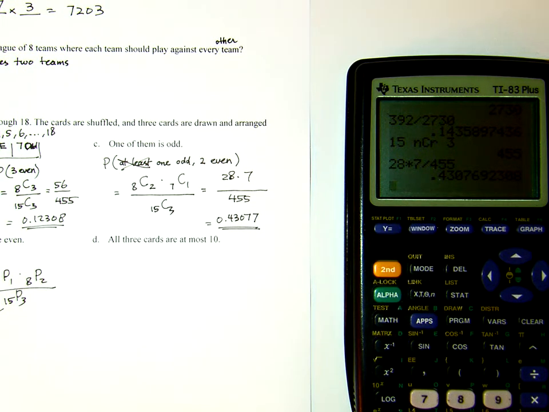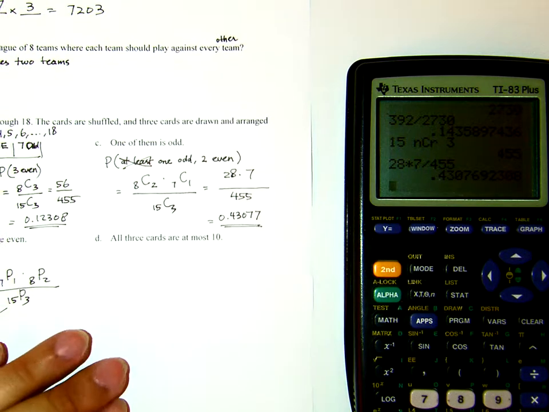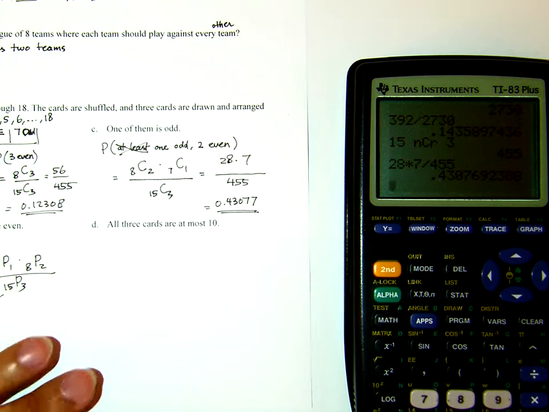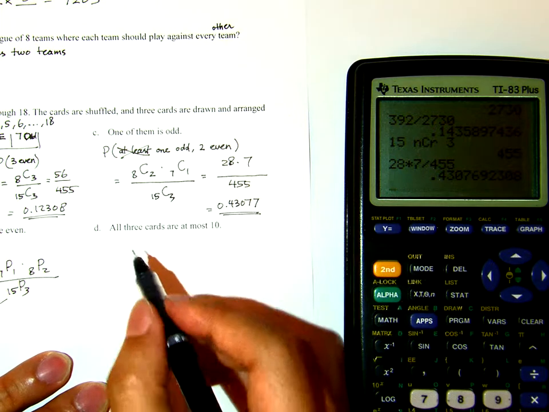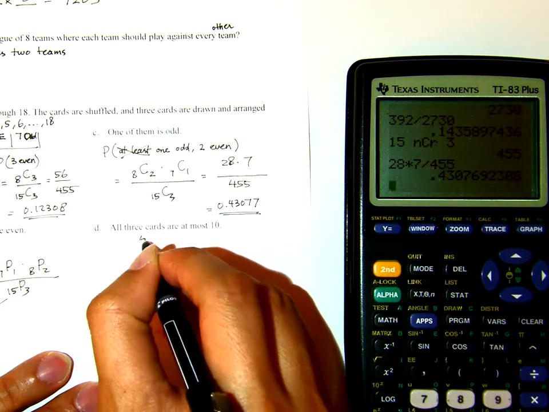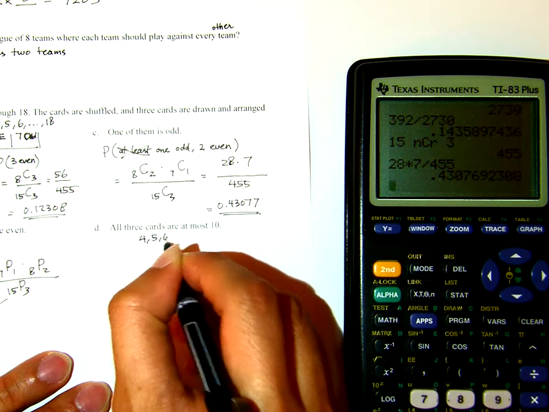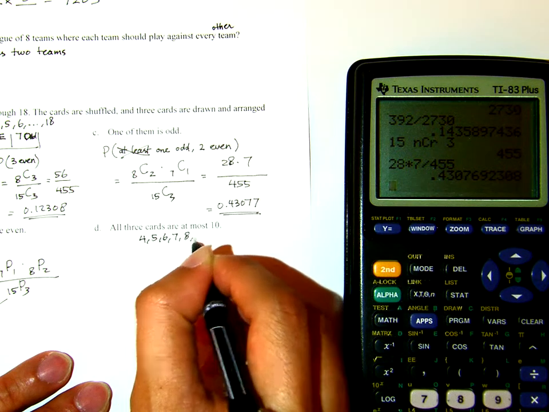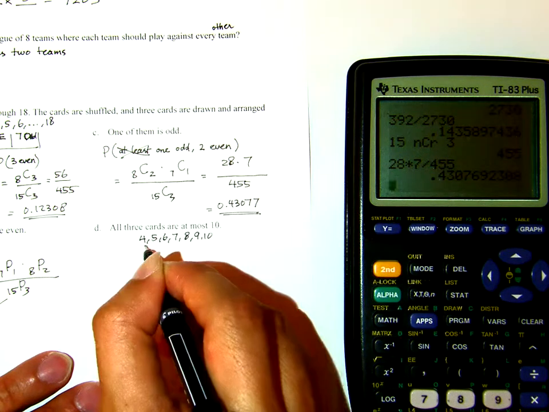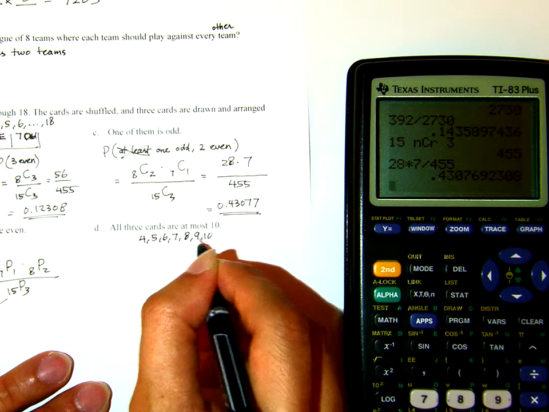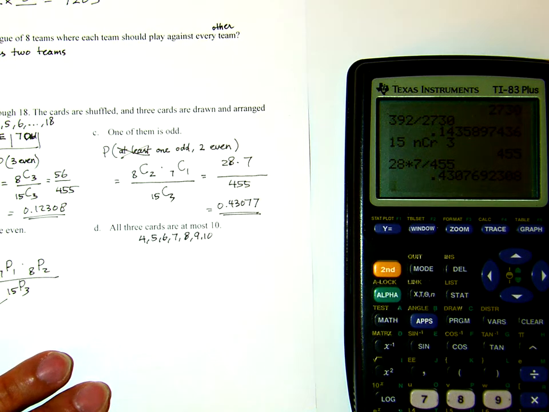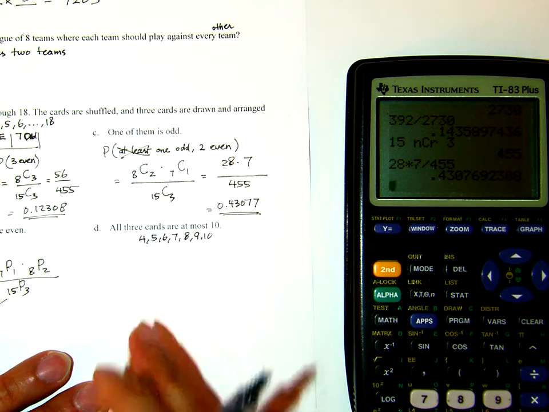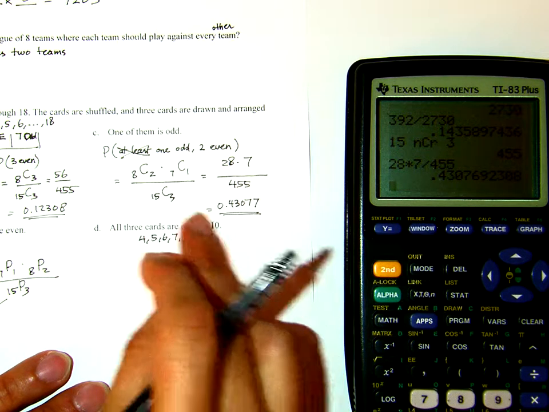Okay, now part D, all 3 cards are at most 10. At most 10 means either 4, 5, 6, 7, 8, 9, 10. How many are there? 1, 2, 3, 4, 5, 6, 7. There are 7 of them. Now all 3 cards have to be among these.